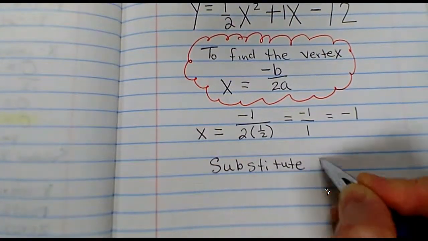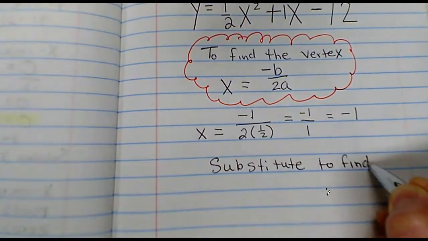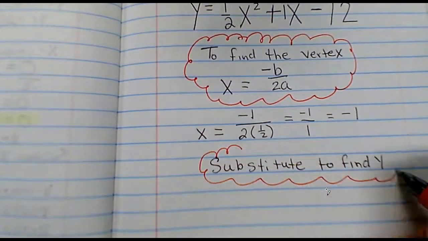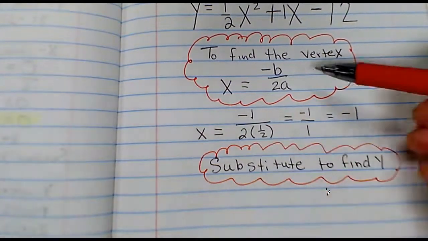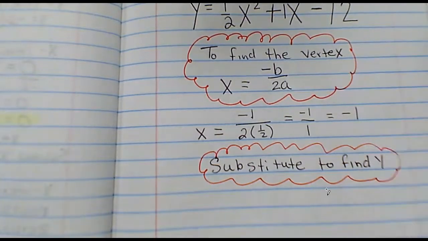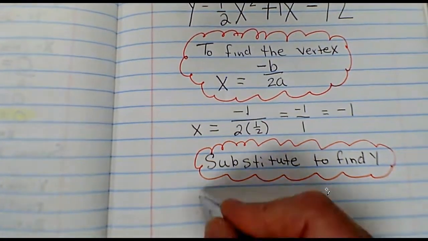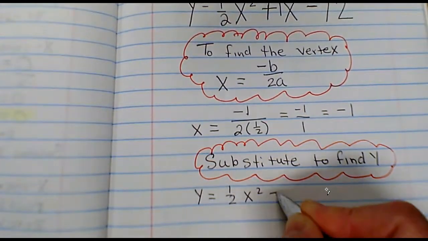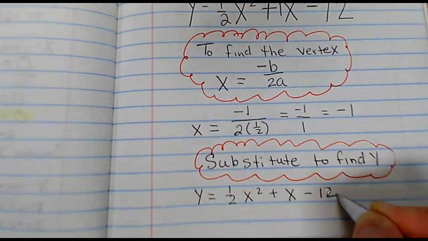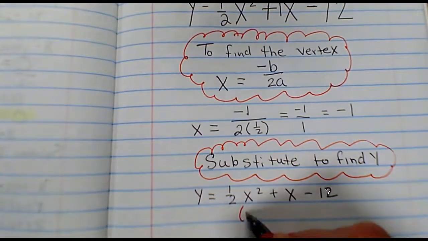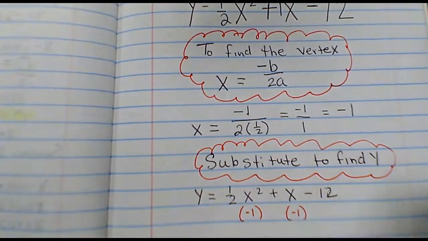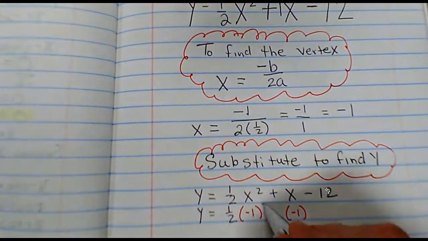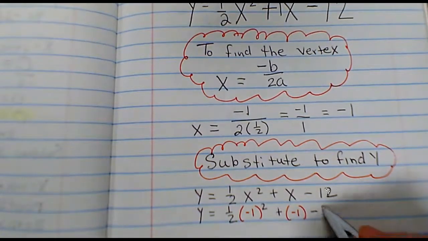So I will substitute to find y, the other half of the vertex. So you use this formula first, and then you substitute to find y. I take my original equation that I have up there, x squared plus x minus 12, and in place of x, I substitute negative 1 squared plus a negative 1 minus a 12.